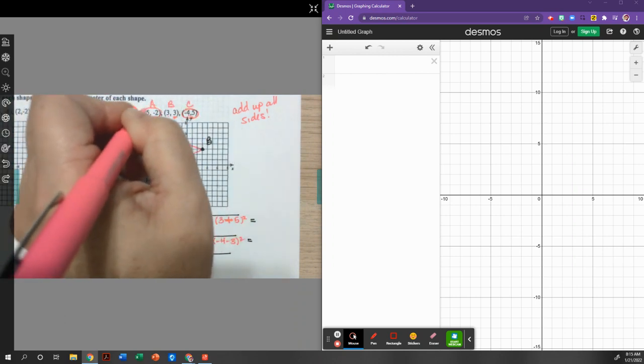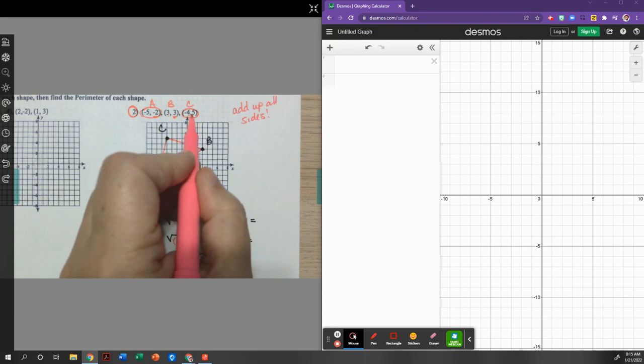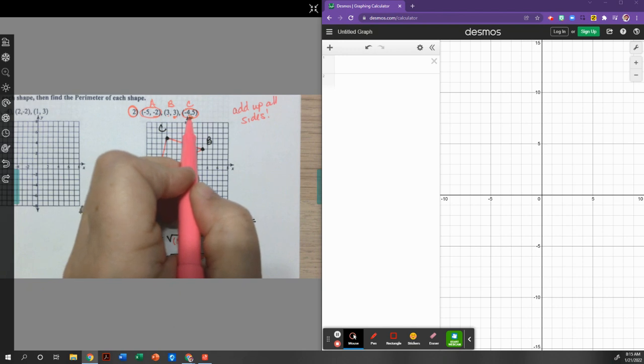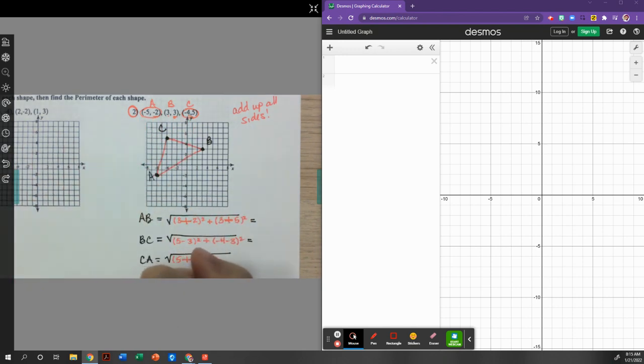So now I've got to do these 2 points. I need to do 5 minus -2 squared. Change that to a plus. And now I need to do -4 minus -5 squared. Change that to a plus.